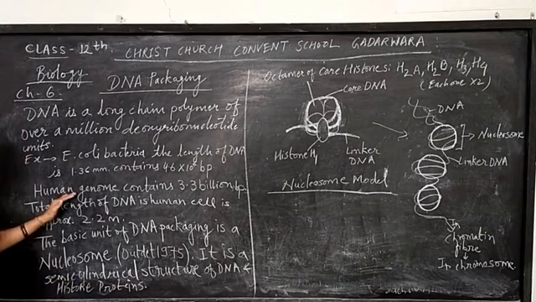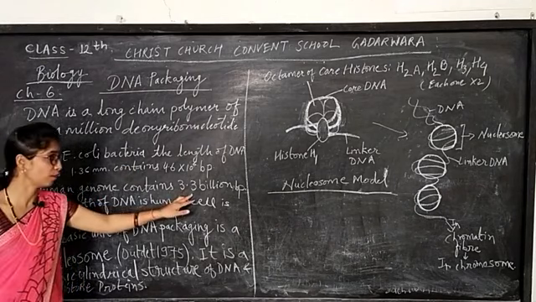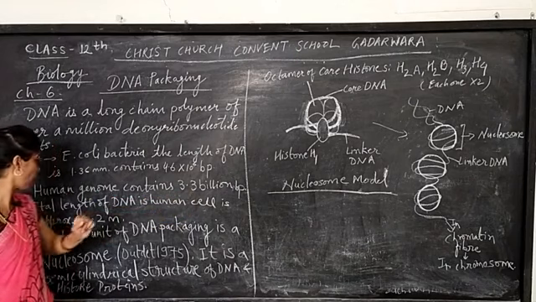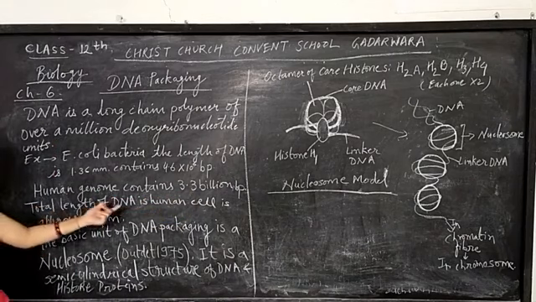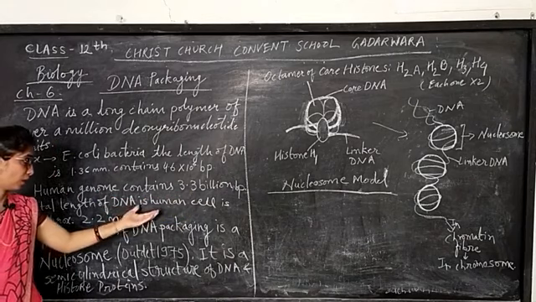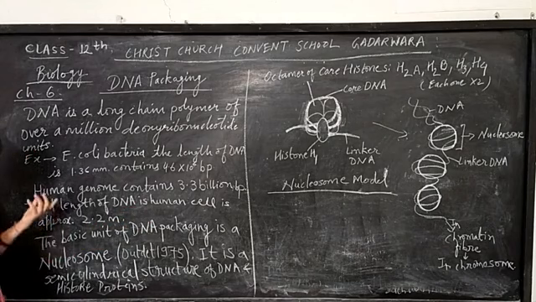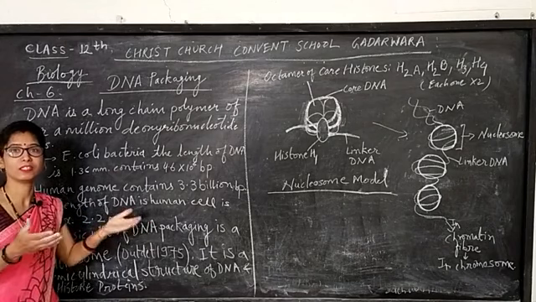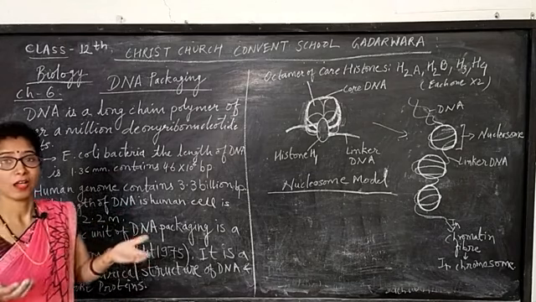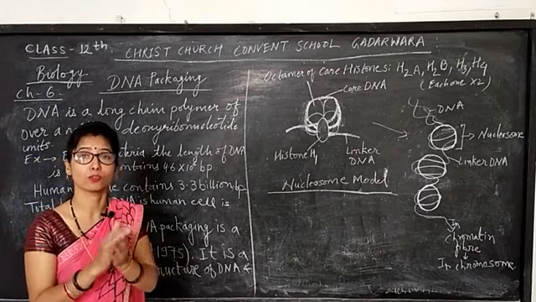The human genome contains 3.3 billion base pairs, and the total length of DNA in the human cell is approximately 2.2 meter.